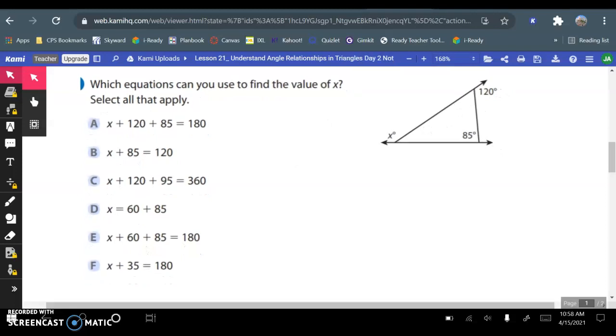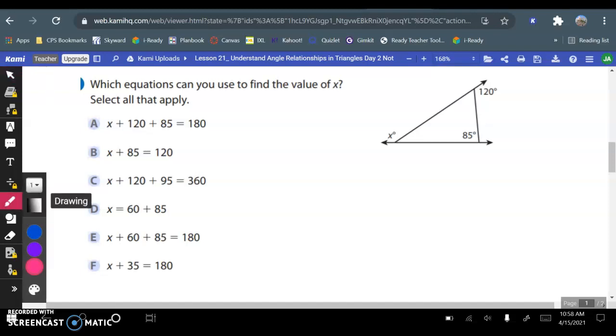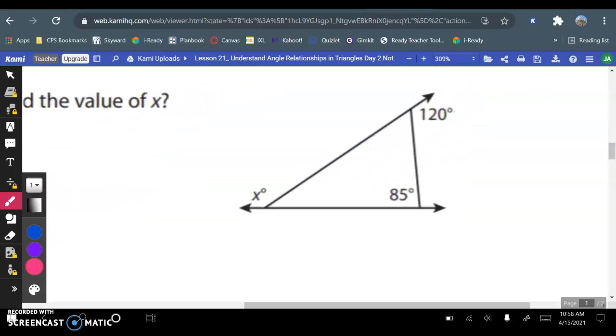All right, for this one, it says, which equations can you use to find the value of x? Select all that apply. So if I add x, 120, and 85, I'm going to get 180. Is that true? Well, let's fill in what we know.